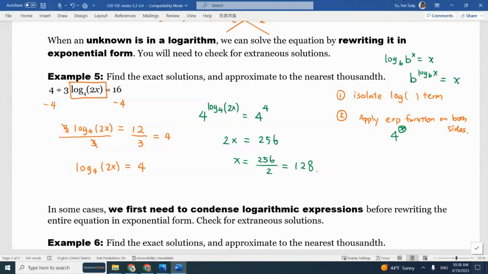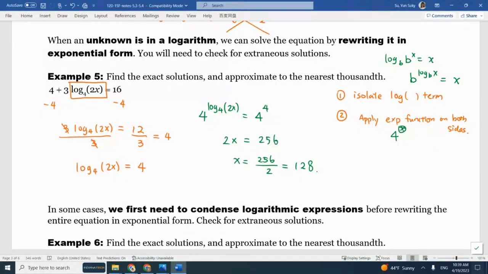Yes. Okay, everybody? So when you see an exponential term, isolate the exponential term and apply log. When you see a log term, isolate the log term and apply exponential, because they are inverse functions. You can apply those to carry on.